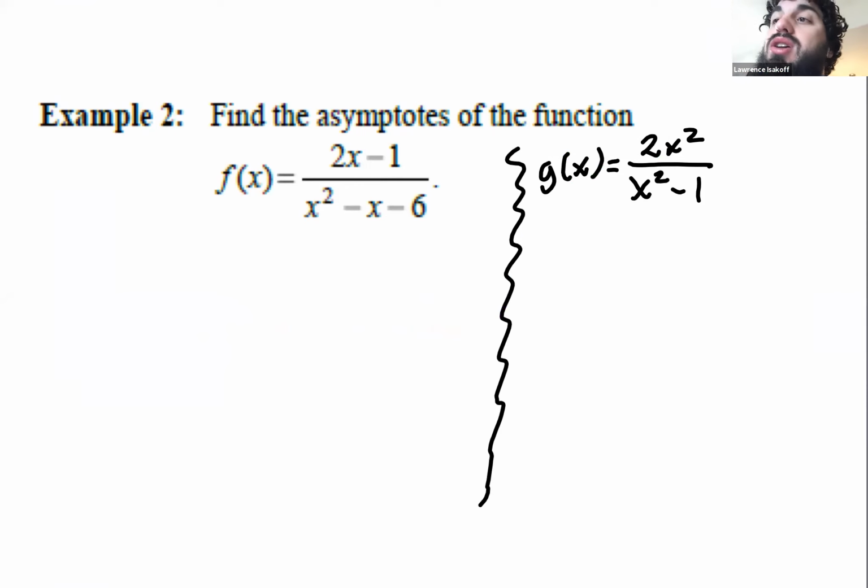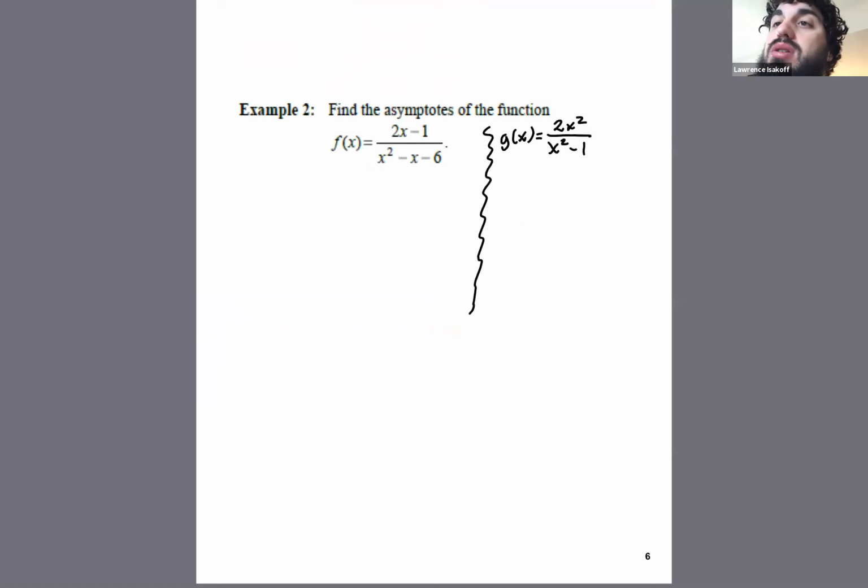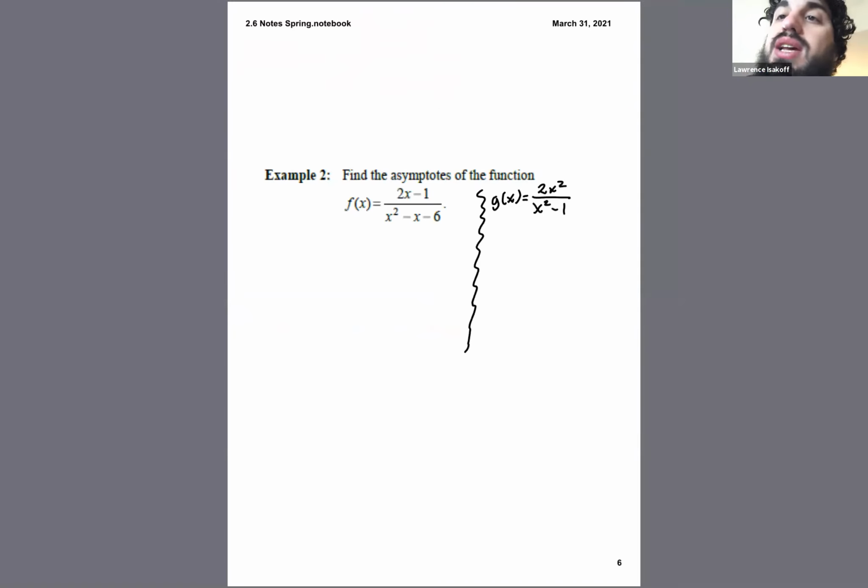Okay, so here with this, I am going to use HA for horizontal asymptotes and VA for vertical asymptotes. So let's start with my vertical asymptotes here.